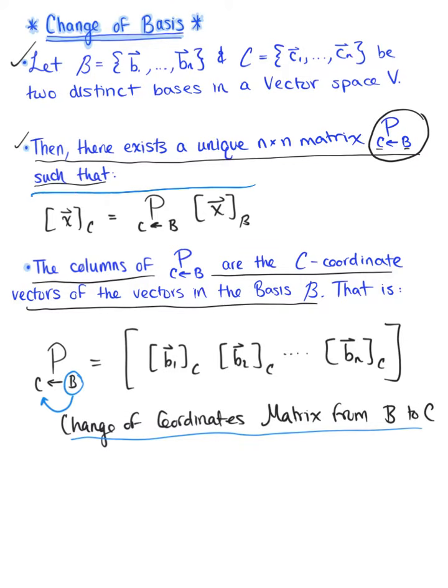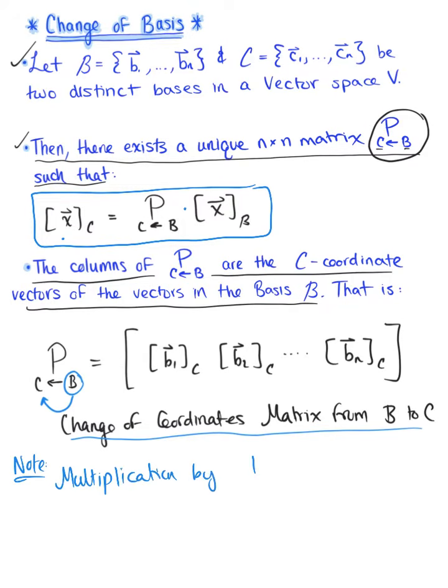We're seeing that the multiplication of the change of coordinates matrix with the coordinates of basis B are converted to the coordinates of basis C. So a little love note here, that multiplication by the change of coordinates matrix from basis B to basis C converts the B coordinates to basis C coordinates.